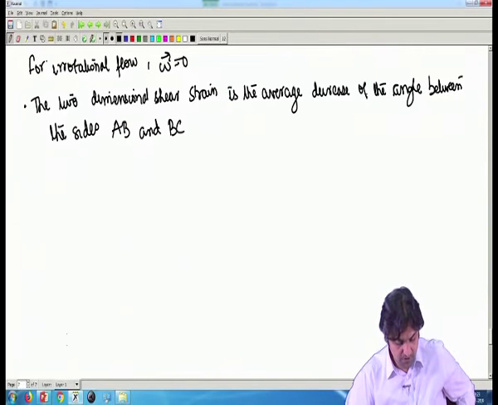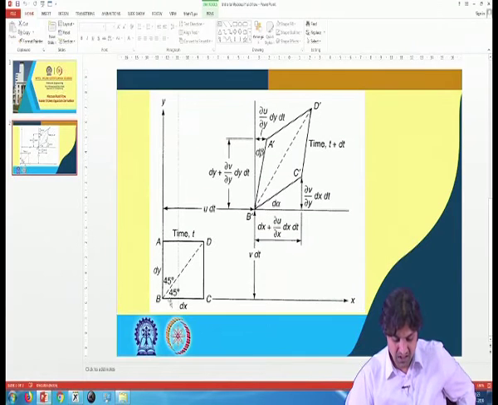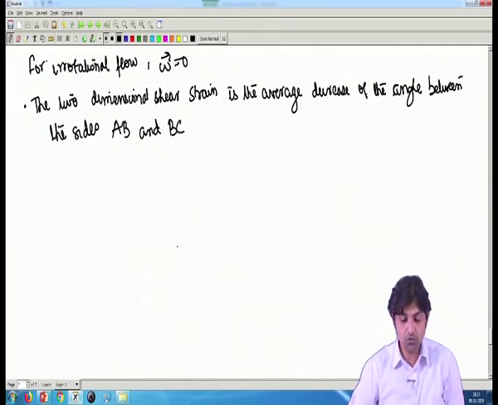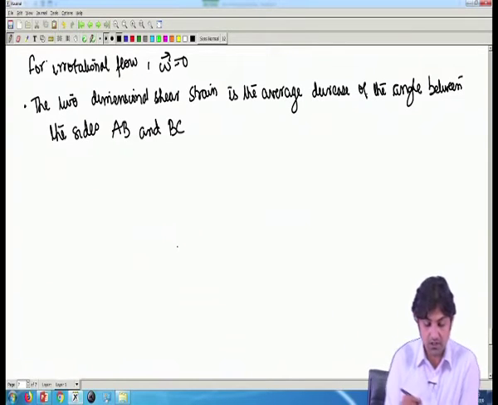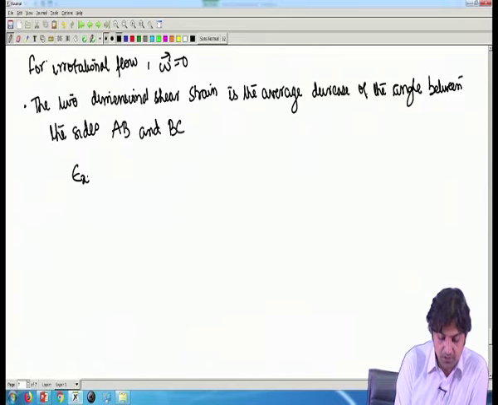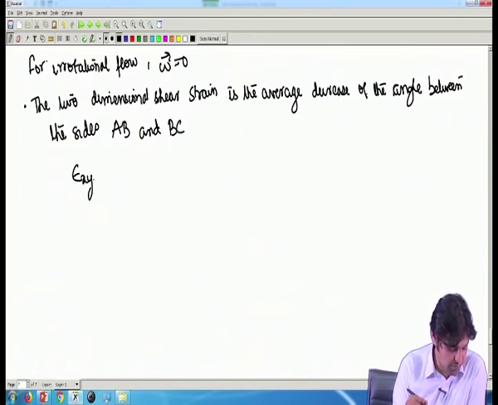If you remember this figure, AB and BC. So, the 2-dimensional shear strain is the average decrease of the angle between the sides AB and BC. So, we can define this as the average.